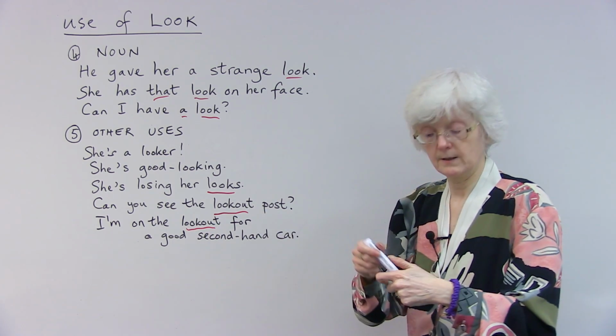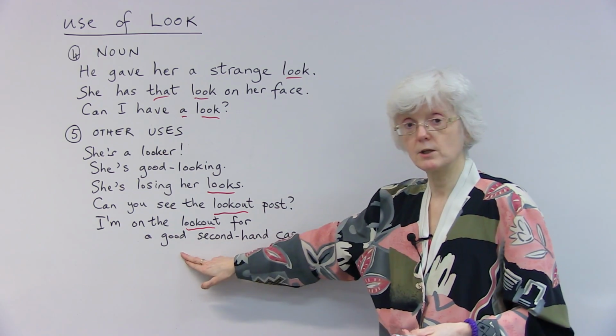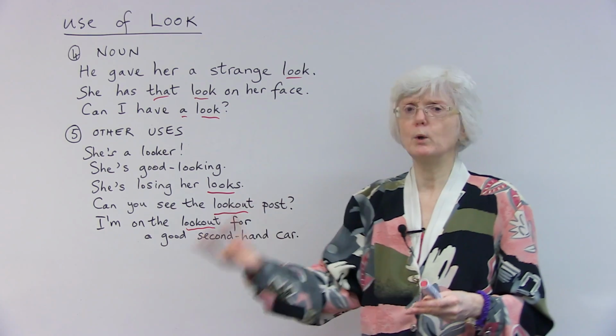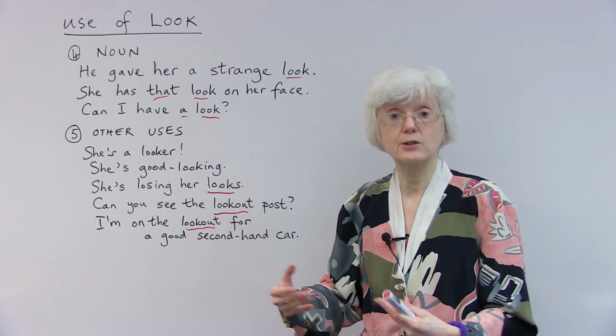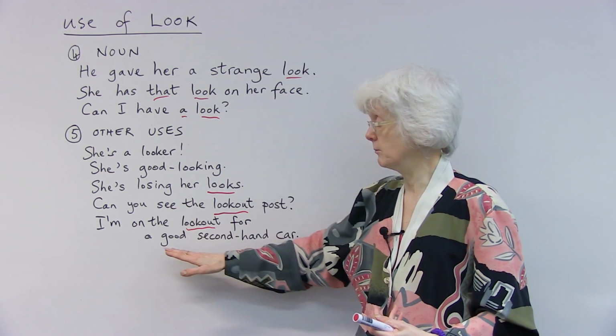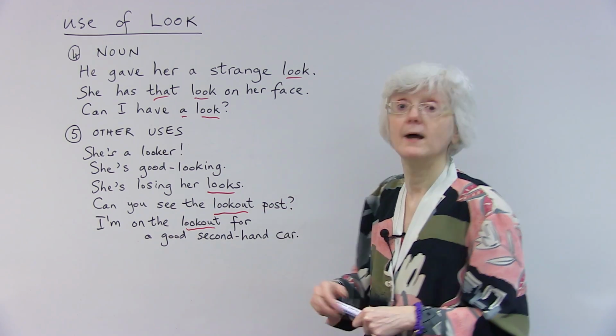I'm searching for a good second-hand car. Second-hand is when someone else has already used the car, but they're now selling it to another person. So second-hand car, but a good one that's still reasonable to drive.